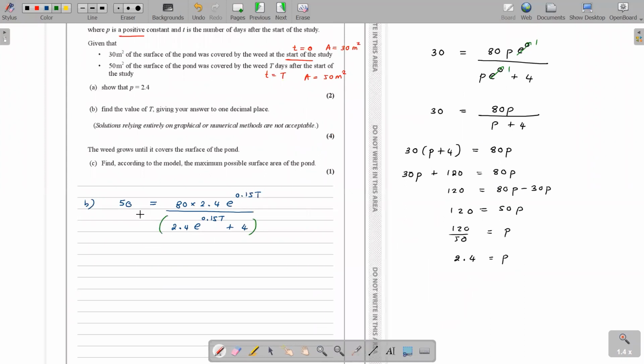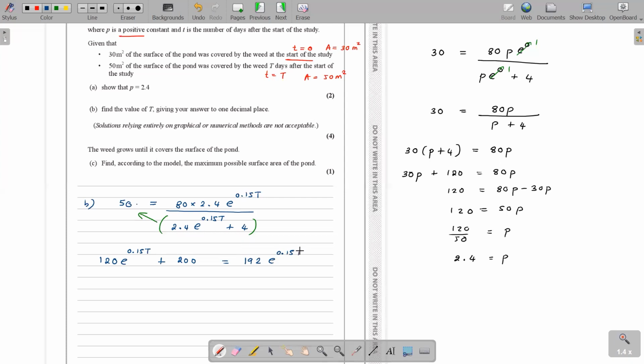Take this entire term to the other side and multiply it with the 50. So what do we get here? 50 multiplied by 2.4 is 120 e to the power 0.15T, and then plus the 50 multiplies with the 4. What do you get? 200 equals, can I know 80 times 2.4? 192 e to the power 0.15T.